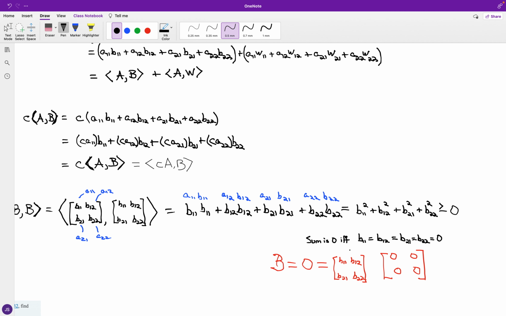And the sum is going to be equal to 0 if and only if all of B sub 1 1 to B sub 2 2 are equal to 0. So there's nothing hanging in the balance in terms of any potential for any one of these four components to be non-zero. So B is unequivocally 0, since we have all of B sub 1 1 to B sub 2 2 equal to 0 for this equation to be equal to 0.